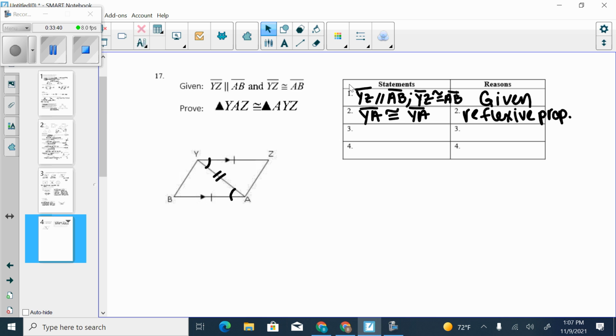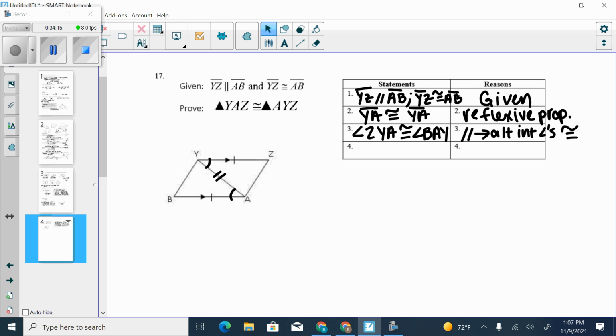Okay. And then we also said that we had some alternate interior angles. So angle, that would be ZYA is congruent to BAY. Is that right? Yeah. Because those are what kind of angles? Right, so we got parallel lines that implied alternate interior angles, which we know are congruent.